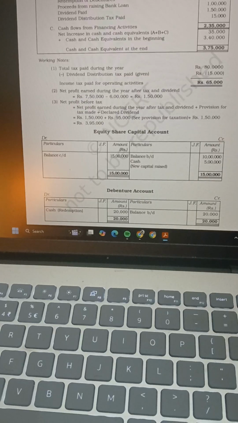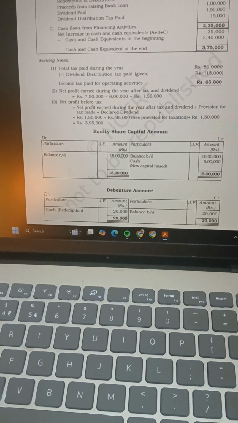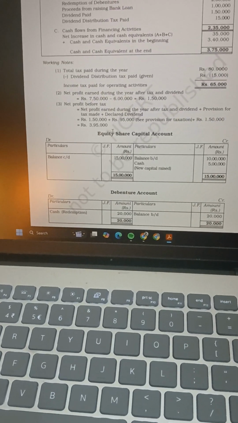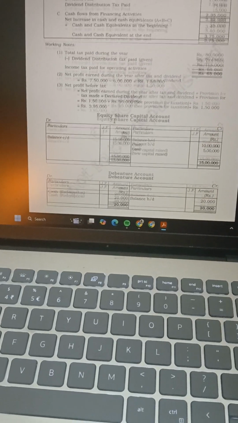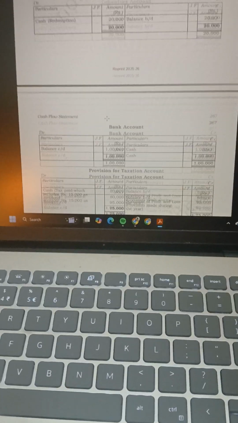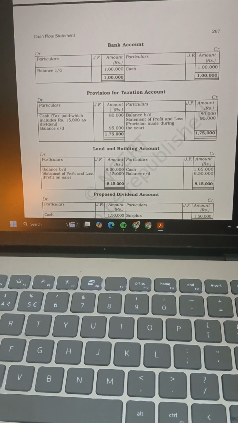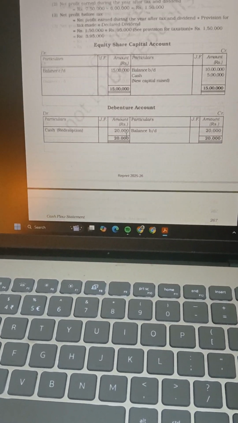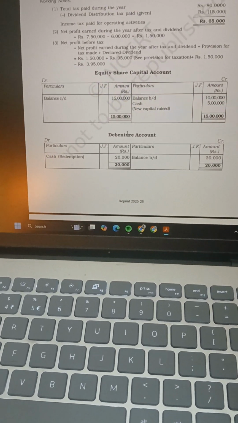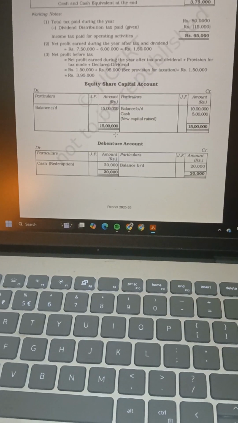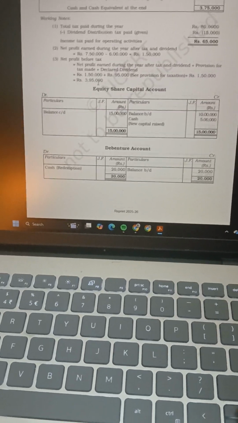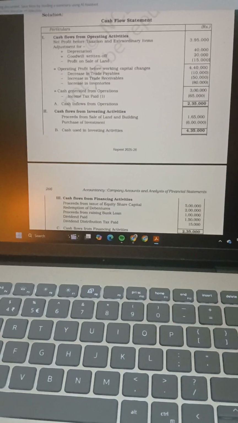Net profit after tax and dividend we have already calculated, that is 1,50,000, plus 95,000, that is the provision for taxation, the closing figure. Then declared dividend, that is given in the question, 1,50,000. The amount is 3,95,000. Now we can move on to the preparation of cash flow statement.